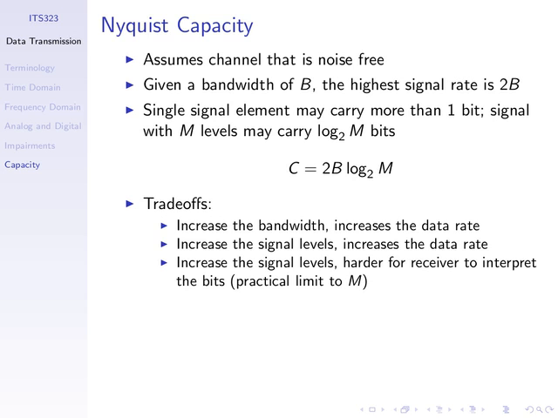We're sending one signal element every 1 millisecond. Nothing's changed there. It is 1,000 signal elements per second. Our data rate: each signal element now represents 2 bits. If I'm sending 1,000 signal elements per second, then that means 2,000 bits per second.